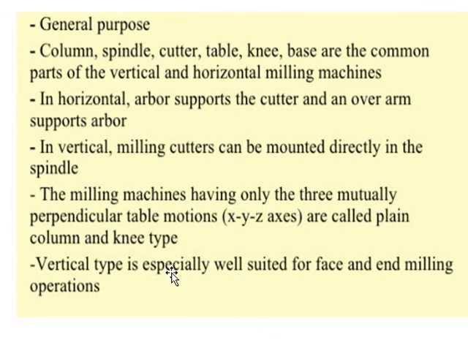In horizontal, the arbor supports the cutter and the overarm supports the arbor. In vertical, milling cutters can be mounted directly in the spindle. The milling machines having only the three mutually perpendicular table motions, x, y and z axis, are called plain column and knee type. Vertical type is especially well suited for face and end milling operations.